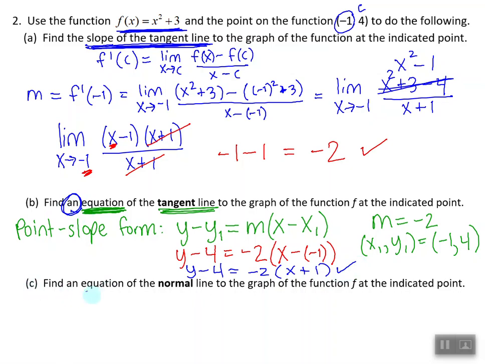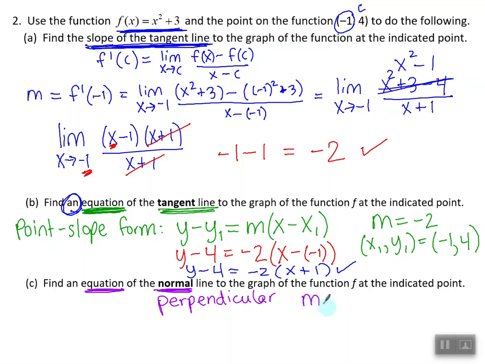C. Find an equation of the normal line to the graph of the function f at the indicated point. Normal means perpendicular. Lines that are perpendicular have slopes that are opposite reciprocals.